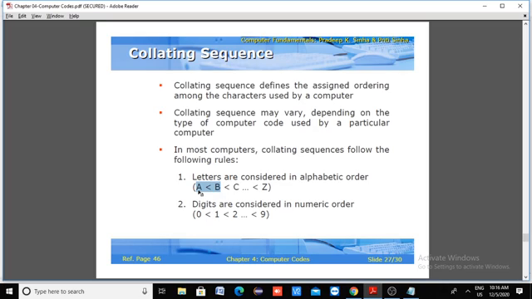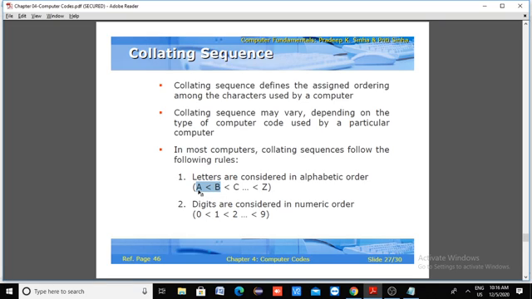Here we need to find out which is small and which is big. For that, the collating sequence defines the assigning order. Every character is in order, so we can easily identify which is small and which is big.